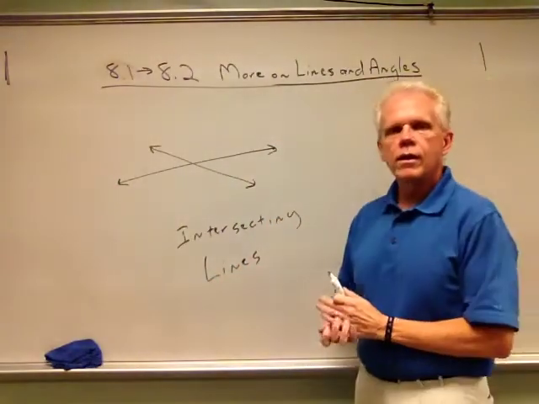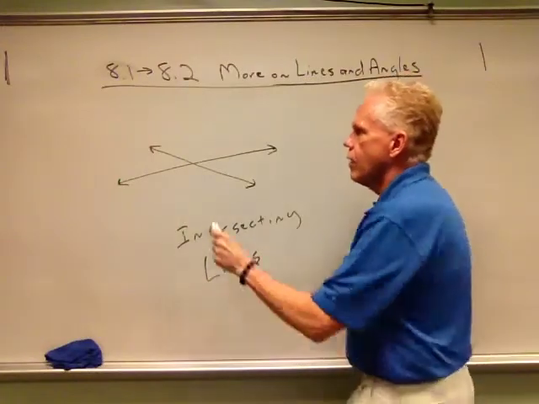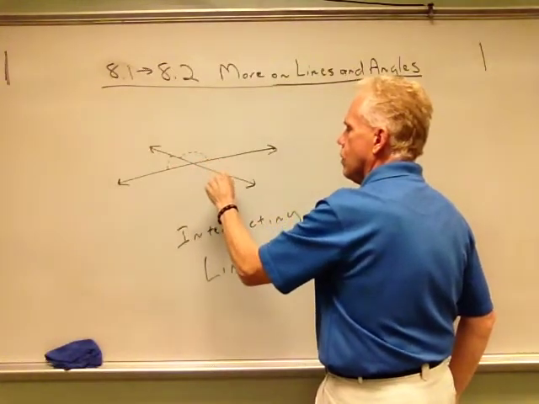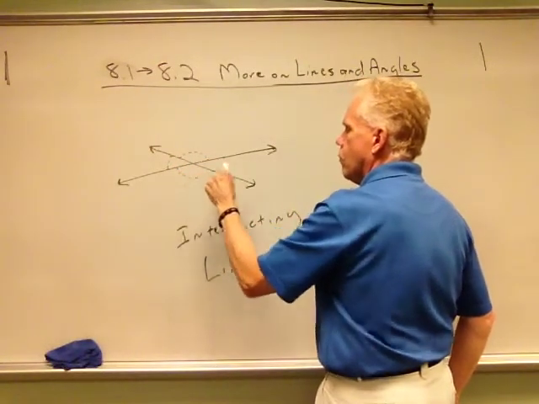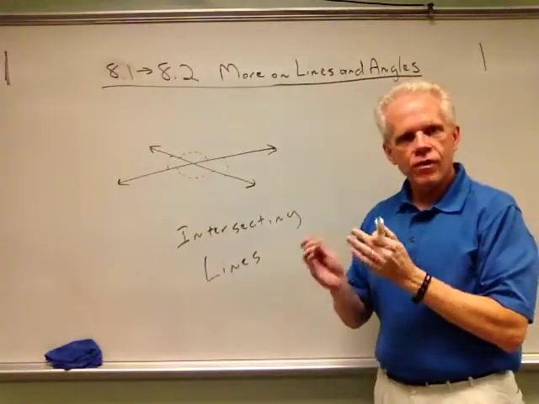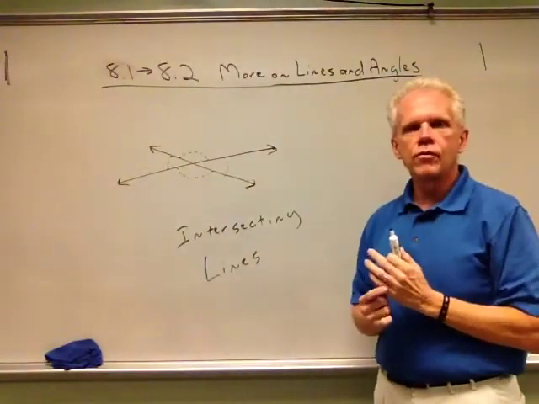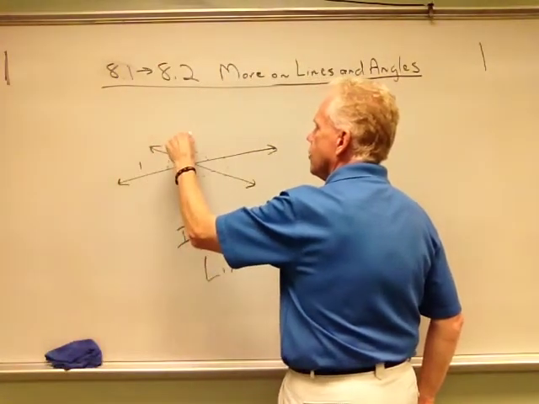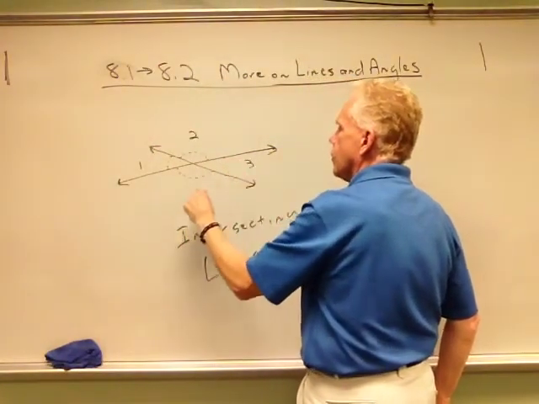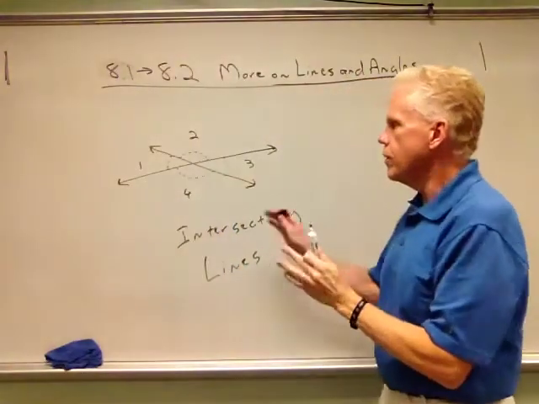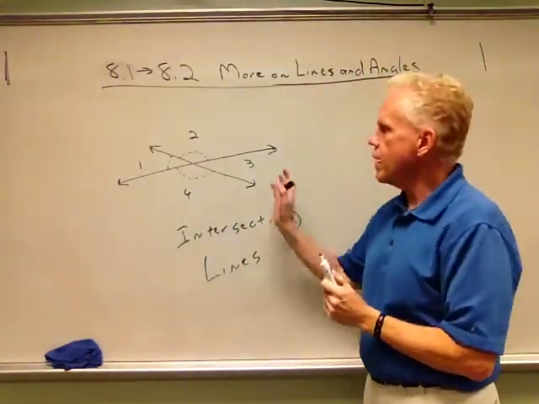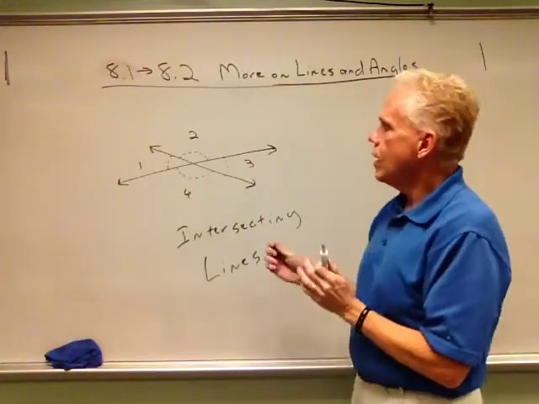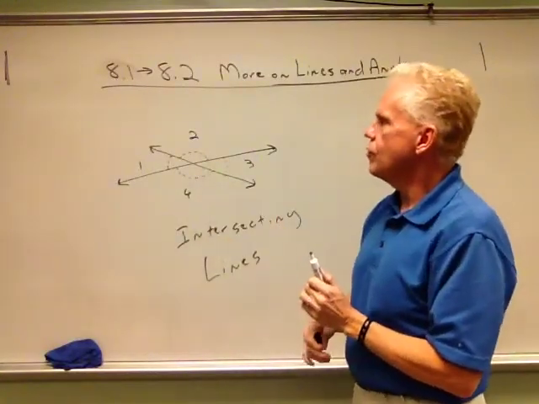Now notice when they intersect, they actually form 1, 2, 3, 4 angles. For the sake of simplicity, I'm going to label these angles: this one angle 1, this one angle 2, angle 3, angle 4. It's a little simpler in this situation to label them just by the numbers. Those are not the measures of the angles by any means.